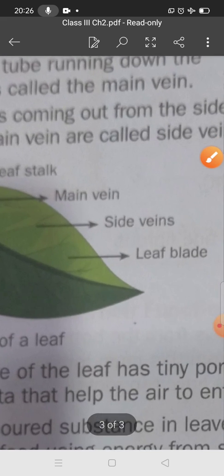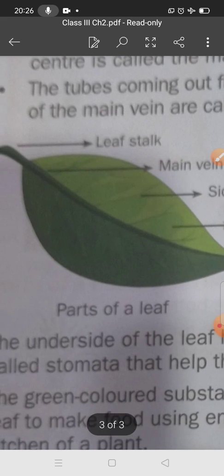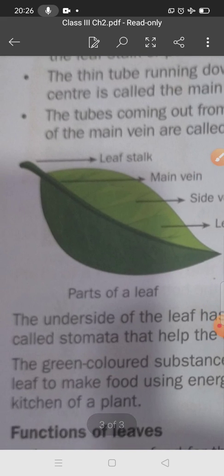These green leaves make food for the plant with the help of carbon dioxide and water in the presence of chlorophyll and sunlight. This process is called photosynthesis.